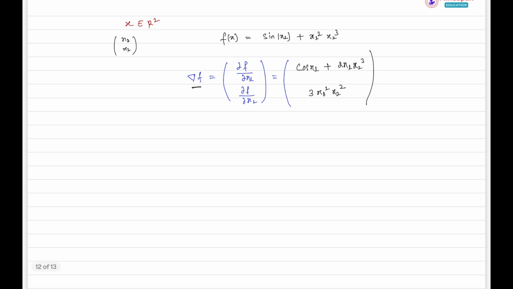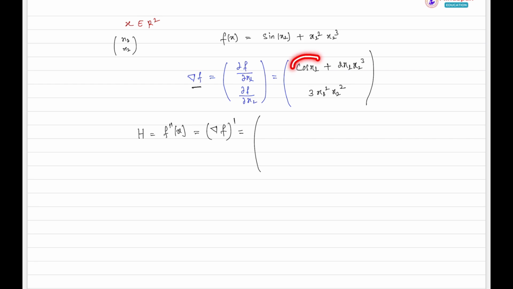Now in order to find the Hessian matrix, that would be nothing but the double derivative of this function, and that is nothing but the first derivative of this gradient, and that is nothing but the Jacobian matrix, right? And how do you find the Jacobian? So you look at this function as f1 and this function as f2.